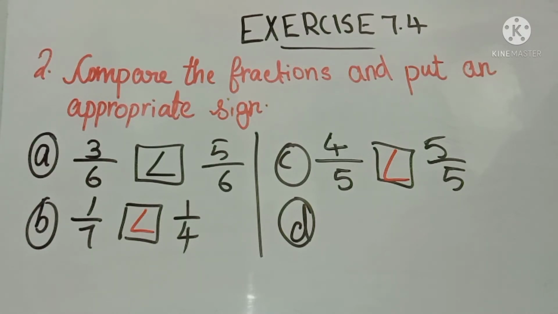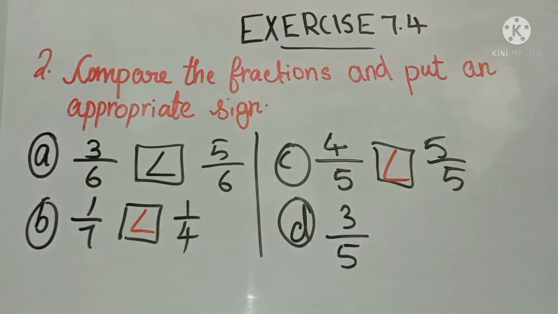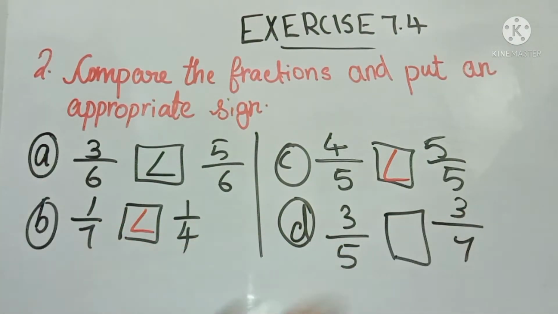Next, D question. 3/5 and 3/7. Numerators are equal, but it has different denominators.